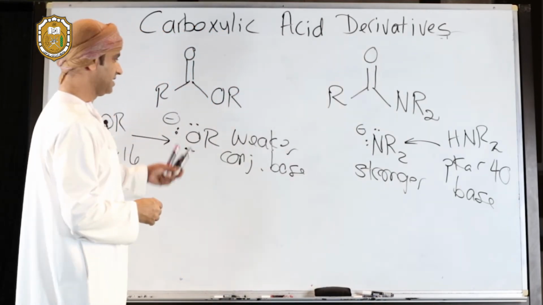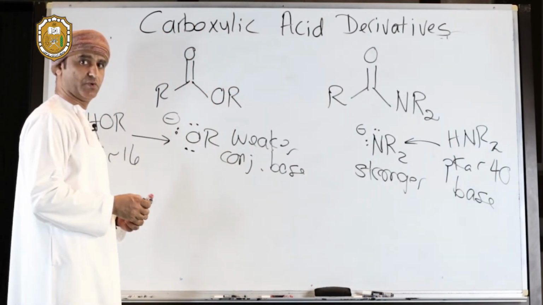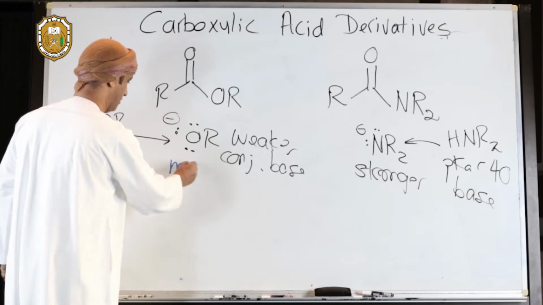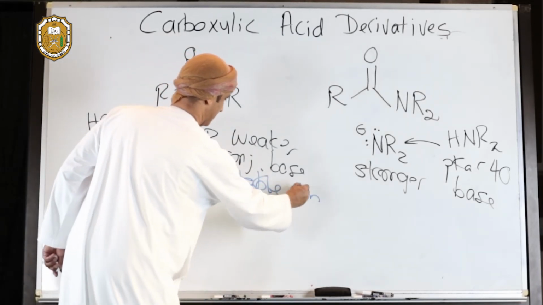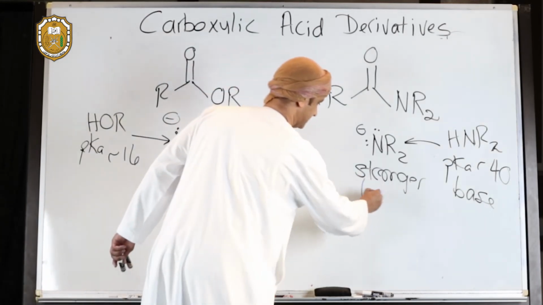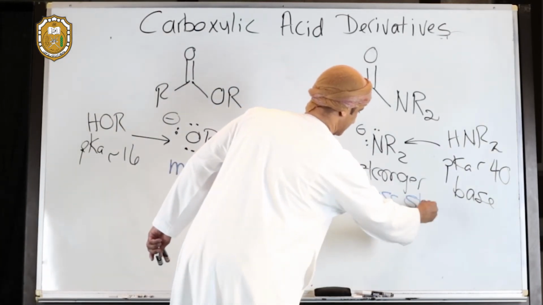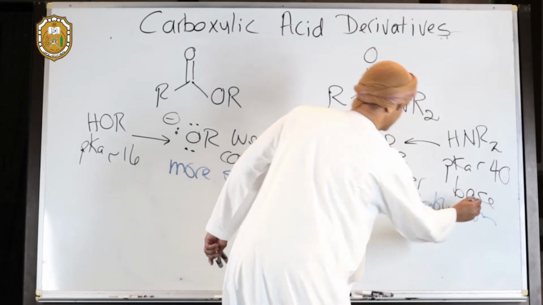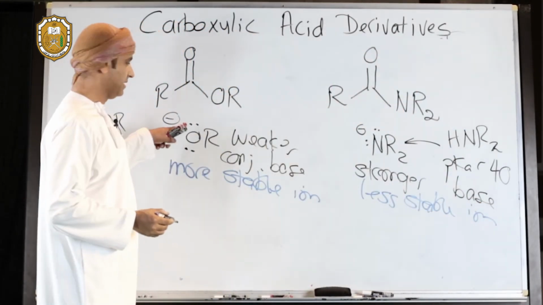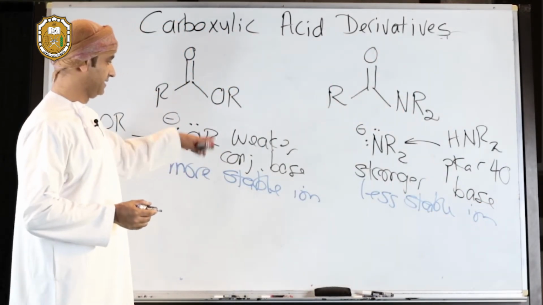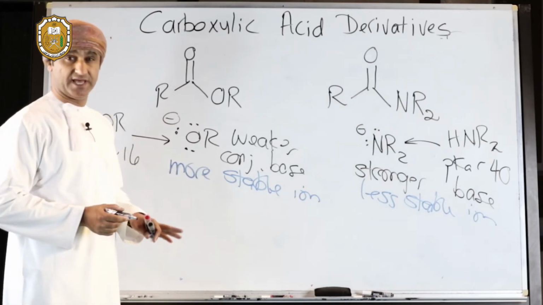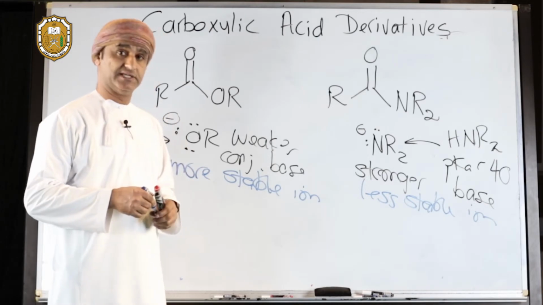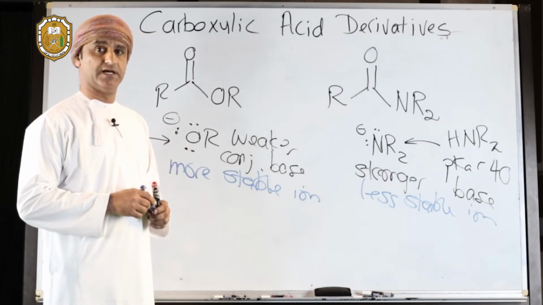Now, if the alkoxide is a weaker conjugate base or a weaker base, therefore it is a more stable ion. This is therefore a less stable ion. And now, as a result of these two consequences, if the alkoxide is a weak base and a more stable ion, therefore it is a better leaving group.